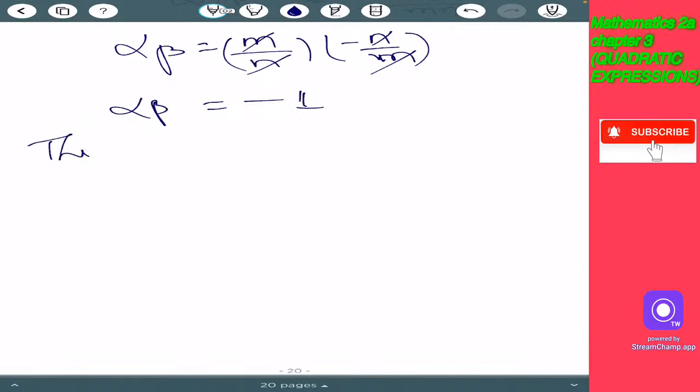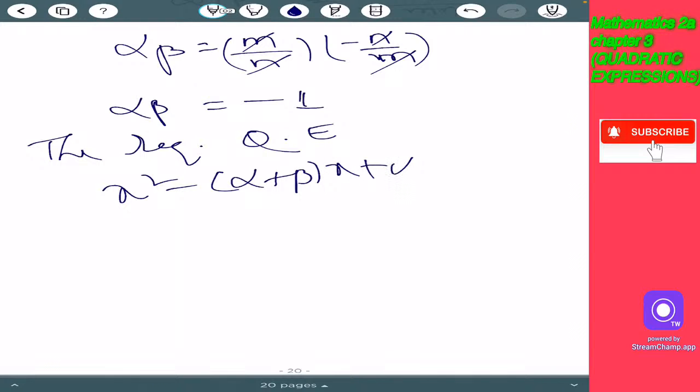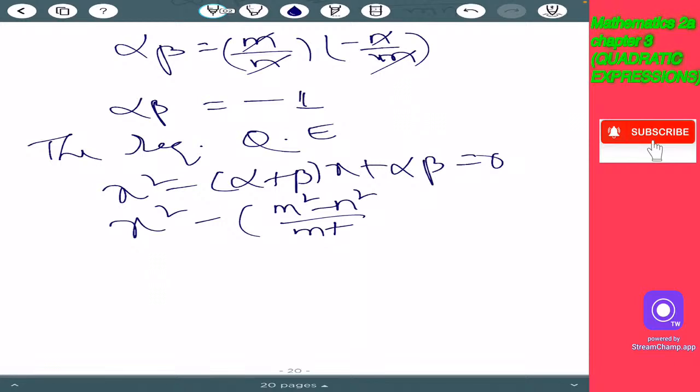So the required quadratic equation is x square minus (alpha plus beta) into x plus alpha beta. X square minus (m square minus n square) by mn into x minus 1 is equal to 0. Am I correct here? Now take the LCM for this.